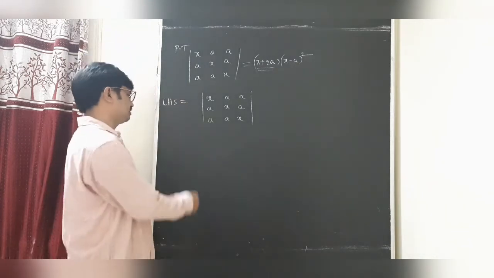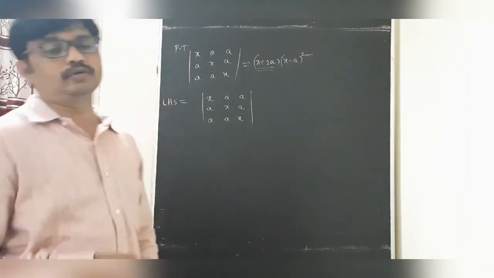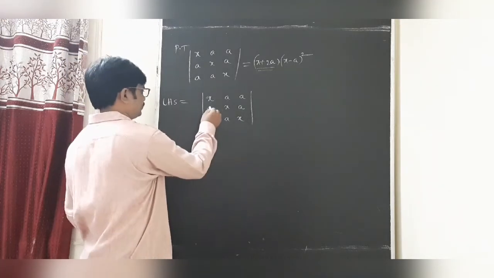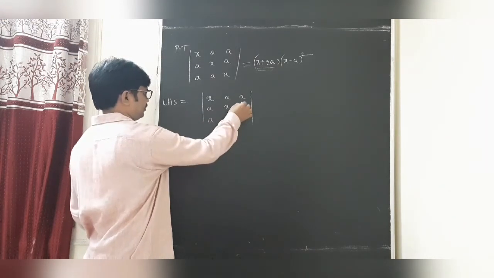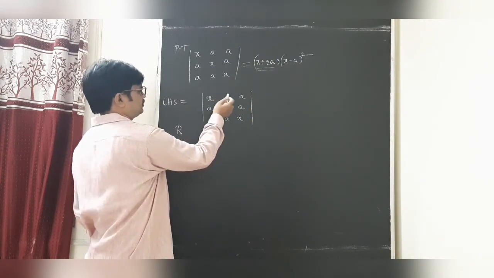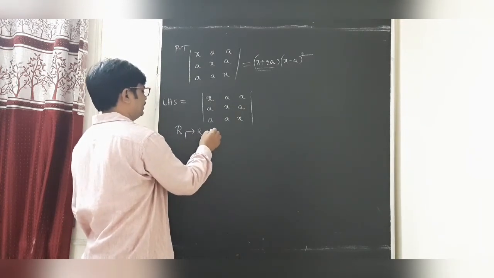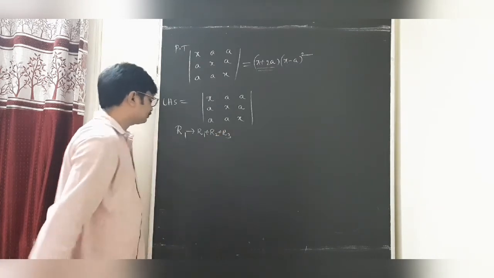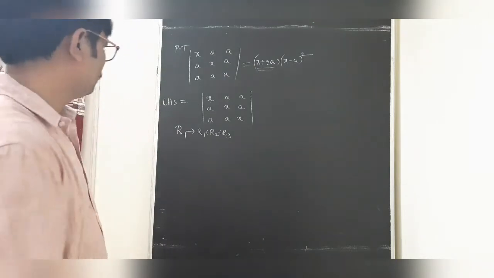We can take either C1 is replaced by C1 plus C2 plus C3, or R1 is replaced by R1 plus R2 plus R3. x plus a plus a, that is a plus x plus a plus x, no problem at all.